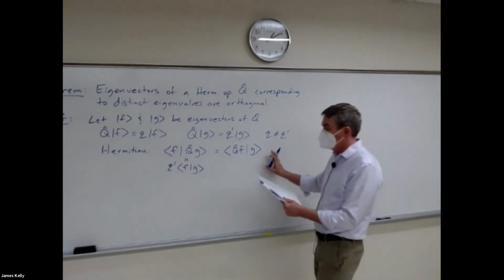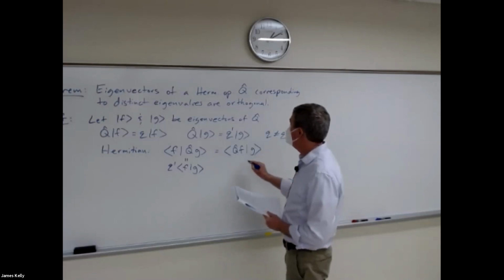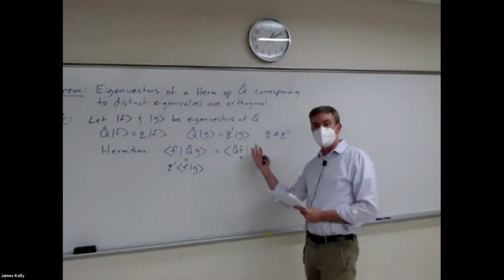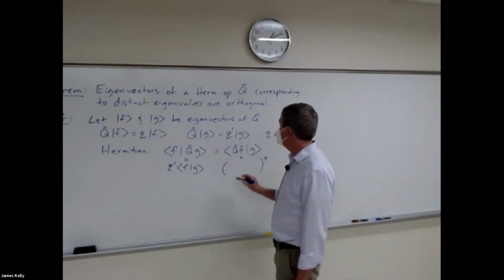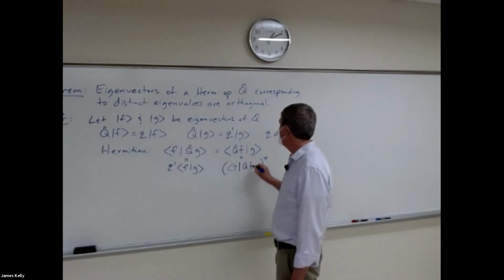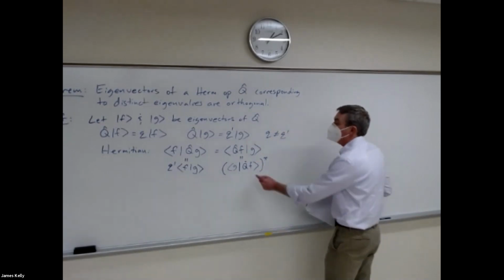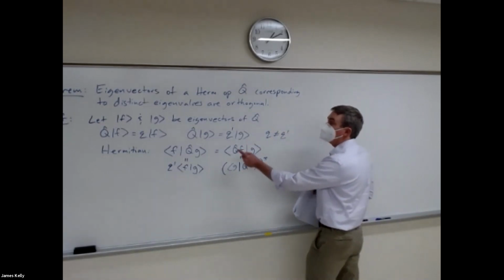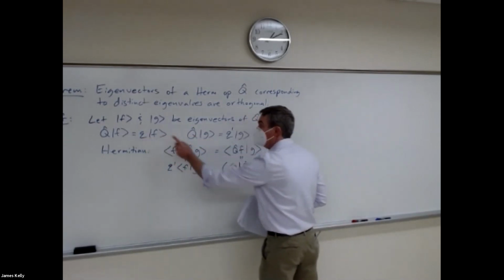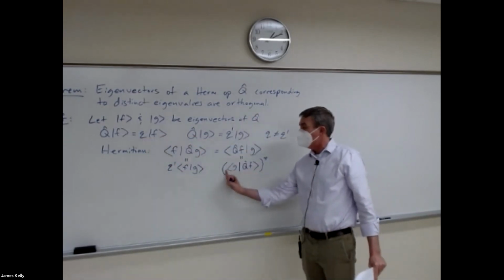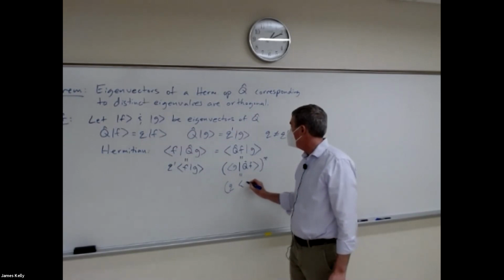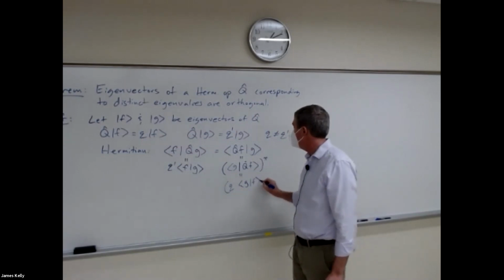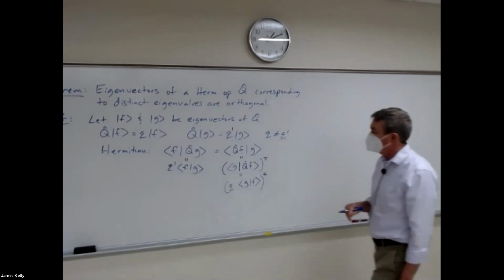On the right-hand side, I'm going to do the same trick as before. Let's first flip it around and put a star on it. This is the complex conjugate of G inner product with QF. Q operating on F gives, by assumption, little q times F back again, and that little q can be factored out in front. q times the inner product of G with F, all of that is starred, complex conjugate.